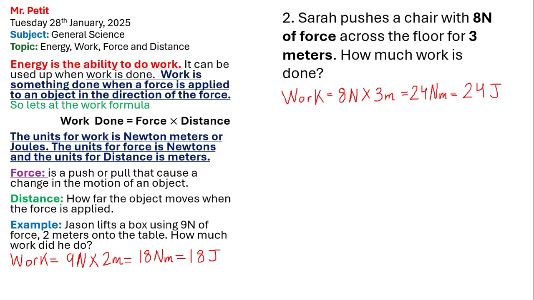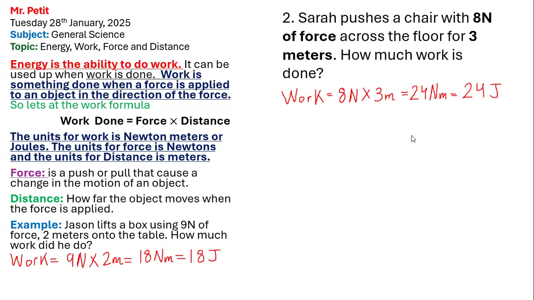That's going to be equal to what? 18 Newton meters, which is what? 18 joules. Very good.